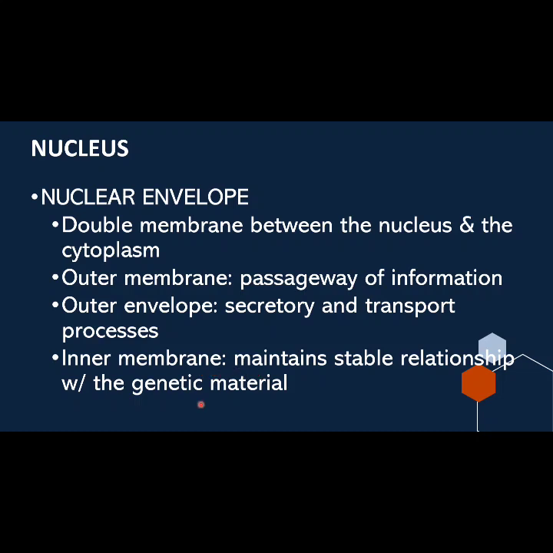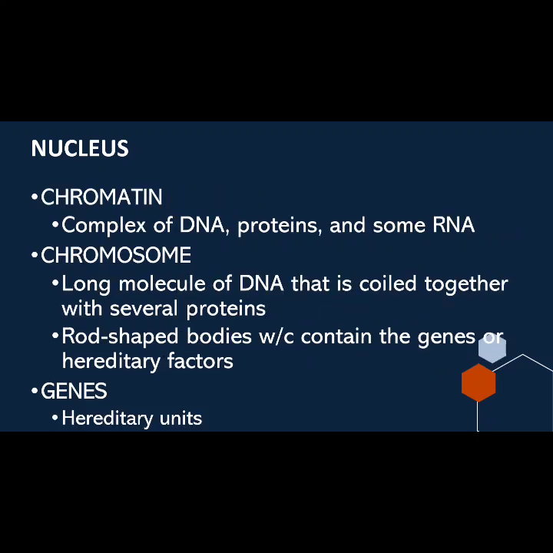Your nucleus contains your chromatin, a complex of deoxyribonucleic acid, proteins, and some RNA. You also have the chromosomes. A pair of chromatids will make up your chromosome. Your chromosome is a long molecule of DNA that is coiled together with several proteins.